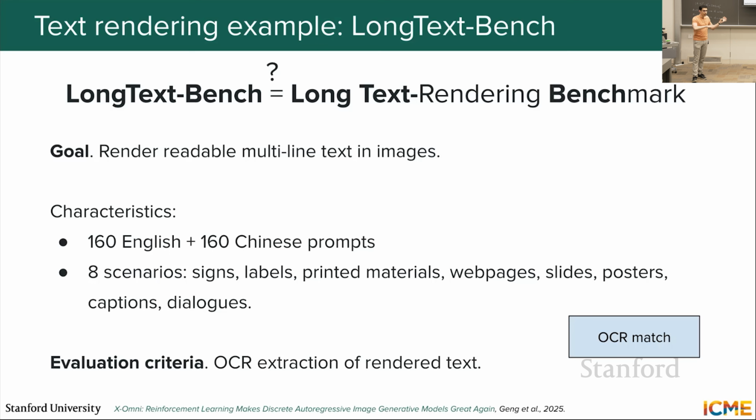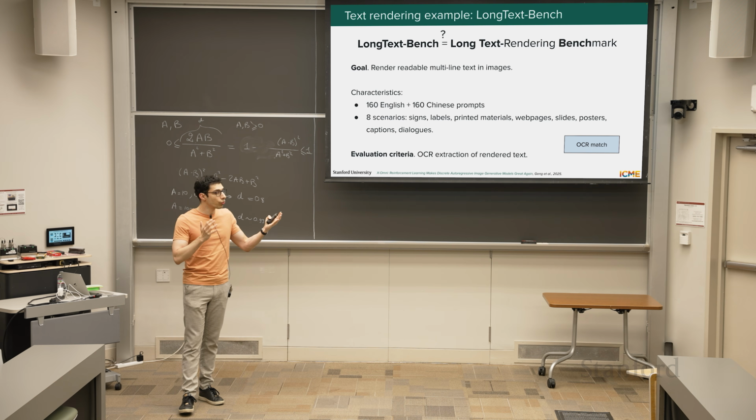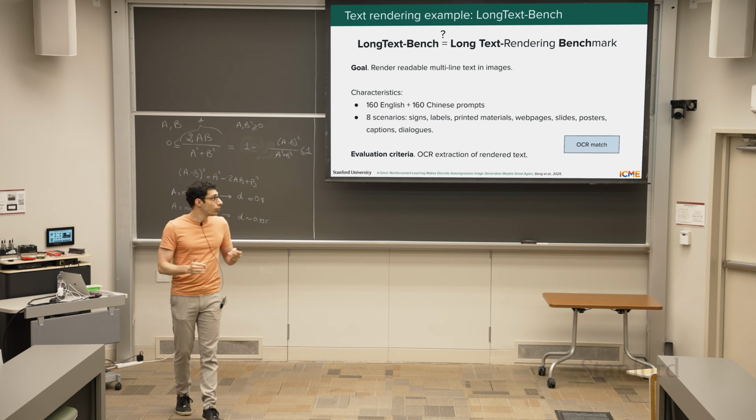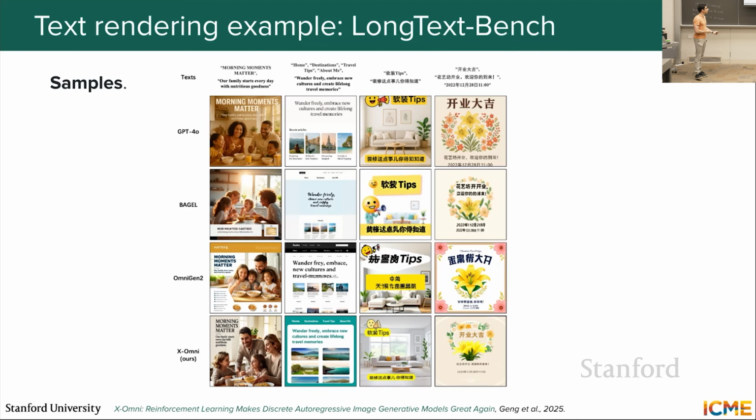The paper uses a VLM, typically an OCR judge, that will try to read the text in the generated image. And it will match it to the reference text that was used as the generation prompt. If both match, then we say that the text was correctly generated. So it's one other interesting application.